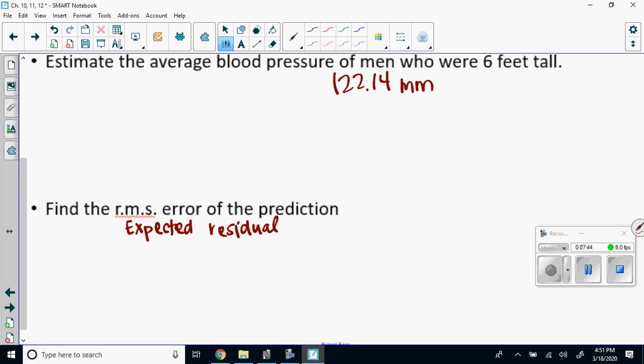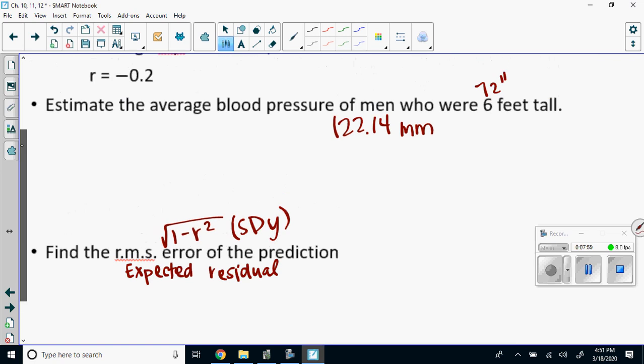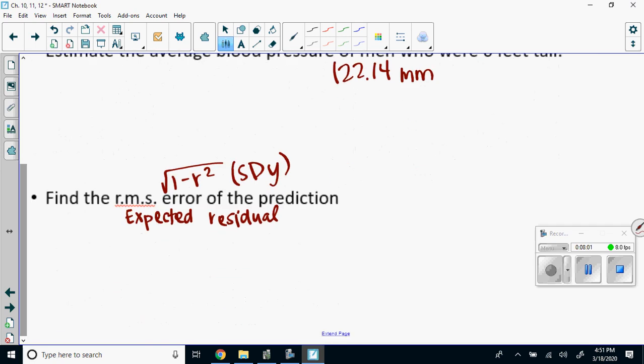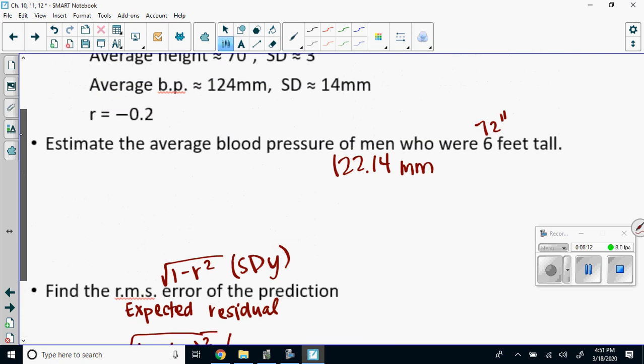How far off do we expect this prediction to be from what the data will actually show? So we have this formula, the square root of 1 minus r squared times the SD of y. And if we look up above, we have r is negative 0.2, squared, times the SD of y, which is 14.